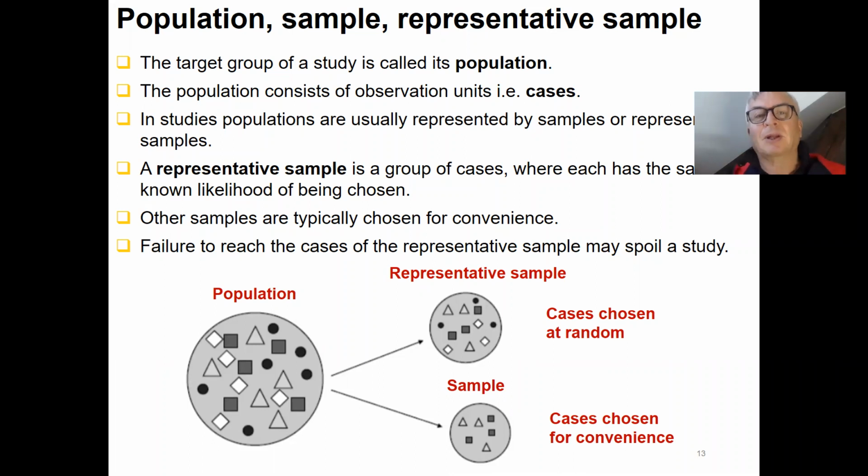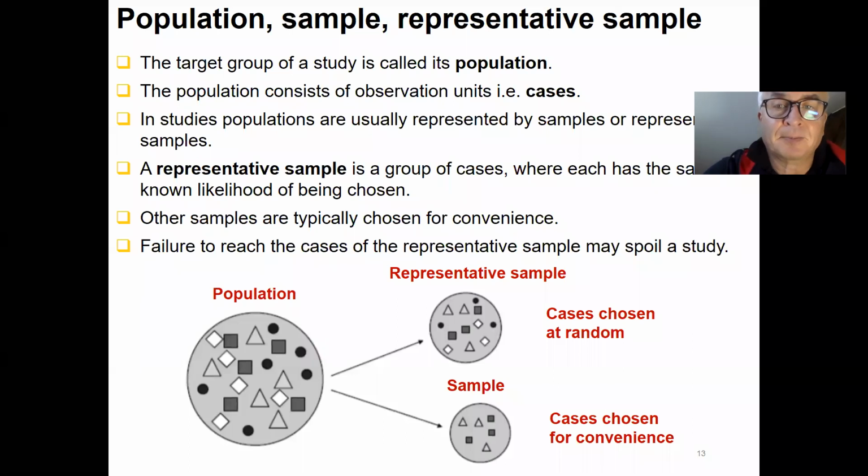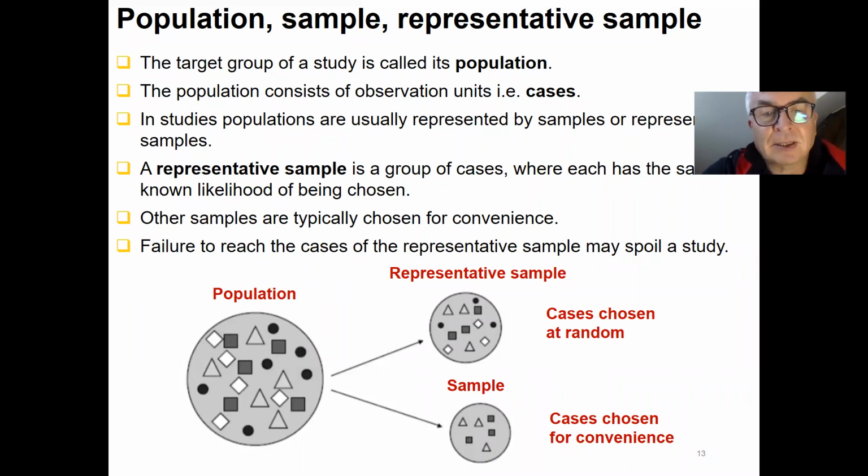The population always consists of observation units. That's a difficult way of saying it. More friendly and familiar is cases. And as I said, these cases might be then, for instance, schools, countries, states in the United States.